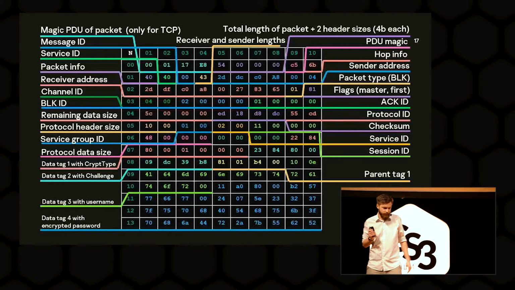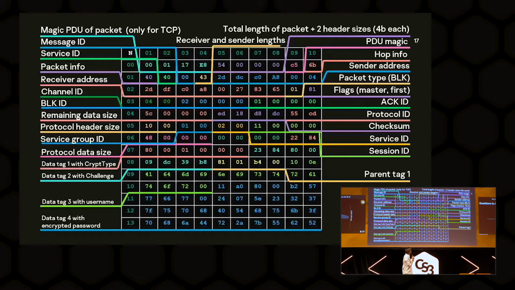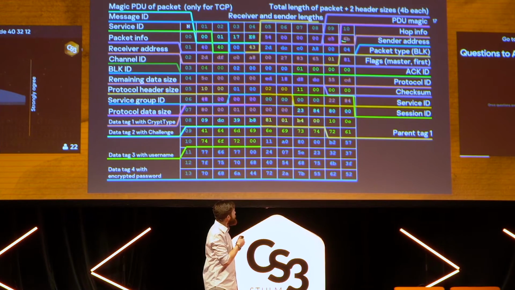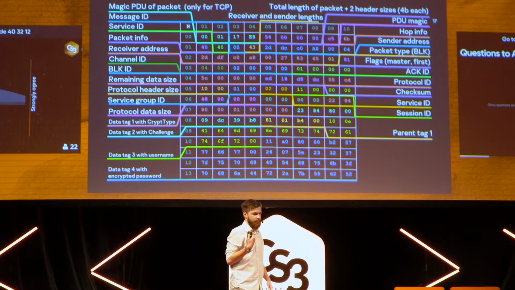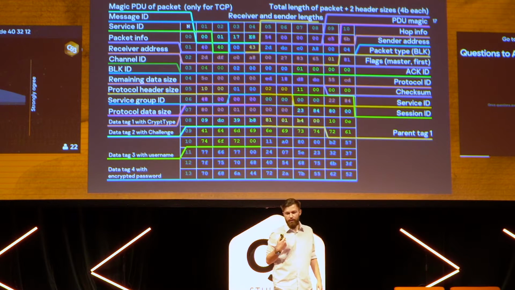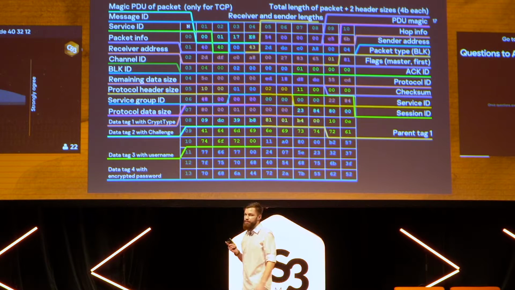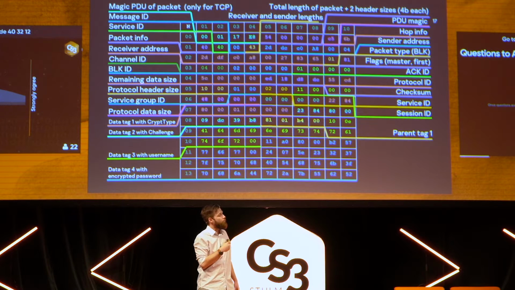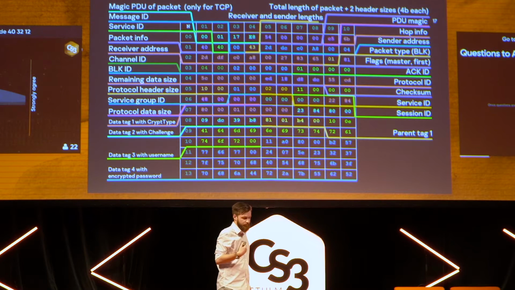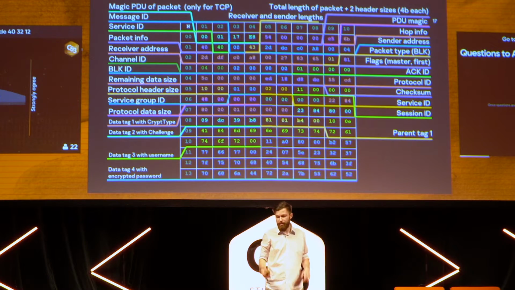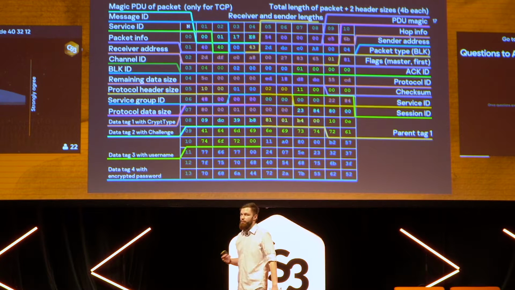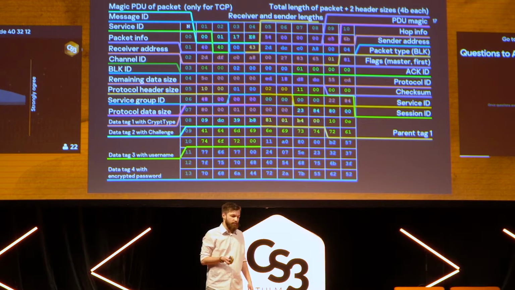So, for example, this byte is a binary mask or binary structure. It means that this byte contains more than one field itself. Other fields, for example this one, determine the remaining size of the packet, and so on.